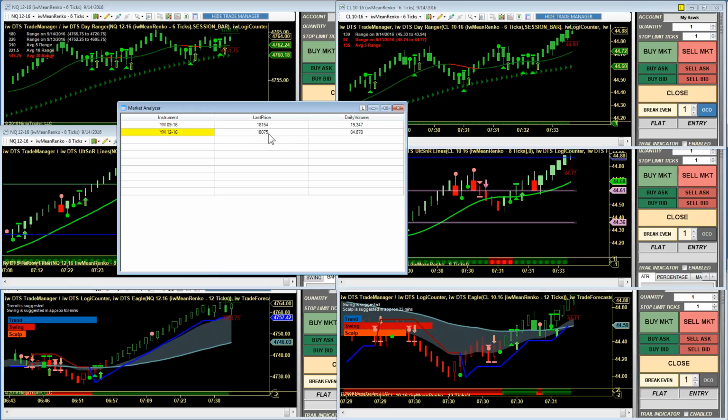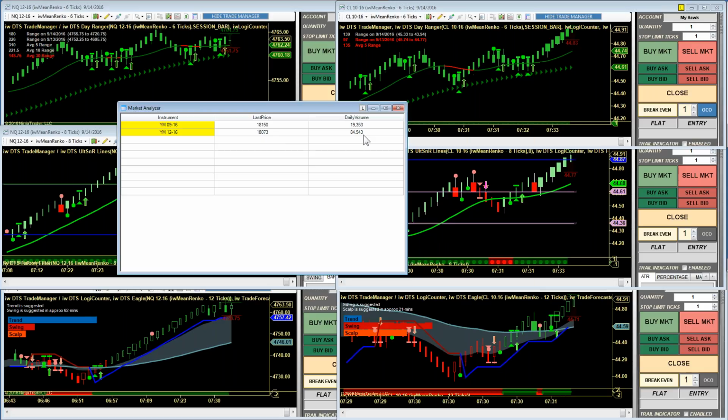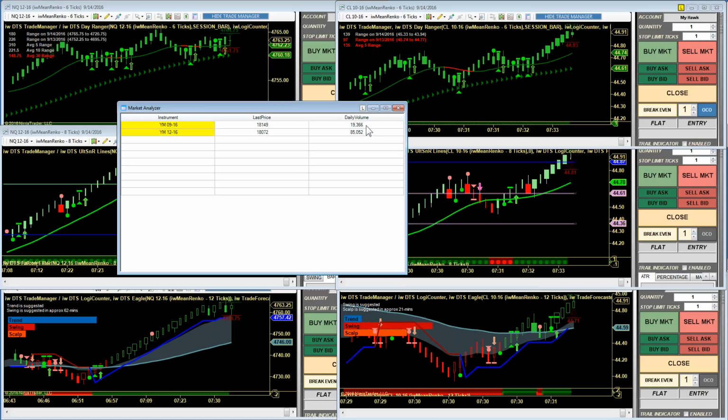You can see there's quite a discrepancy price-wise. The December Mini Dow is trading considerably lower than the September. But what's more interesting here is the volume. The volume is 4 times as much in the December contract as it is in the September contract.